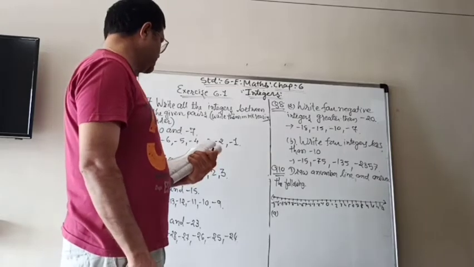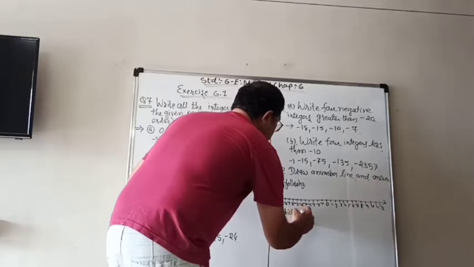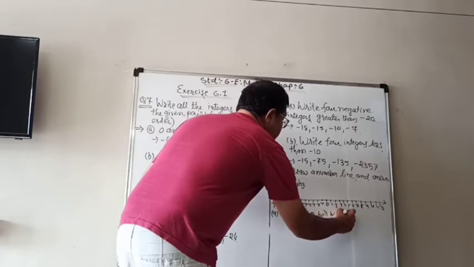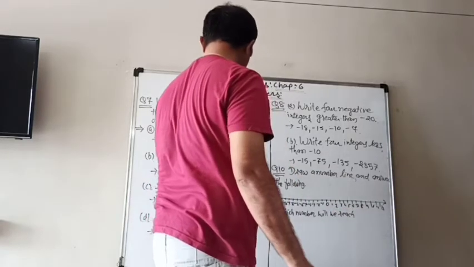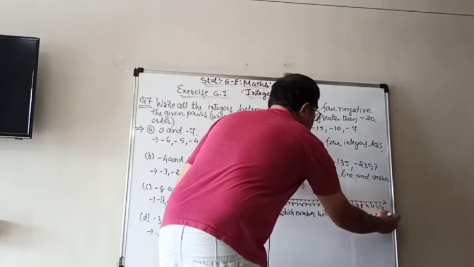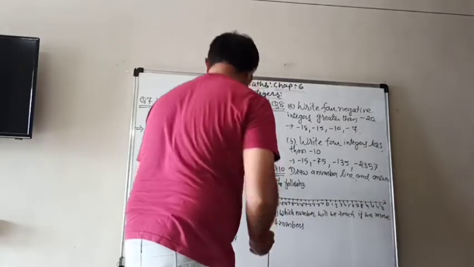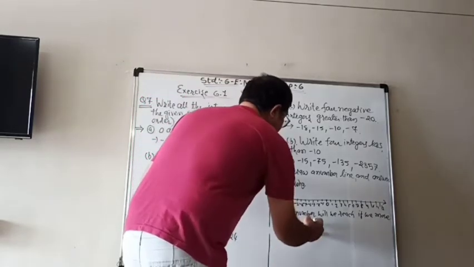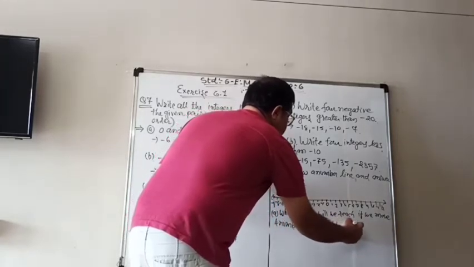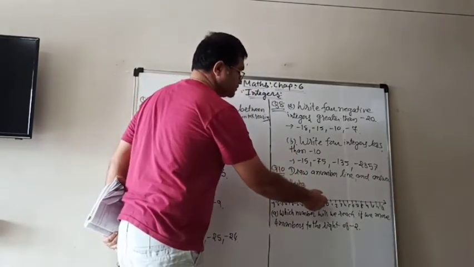First question, which number will we reach if we move 4 numbers to the right of minus 2? So we have to start from minus 2 here.